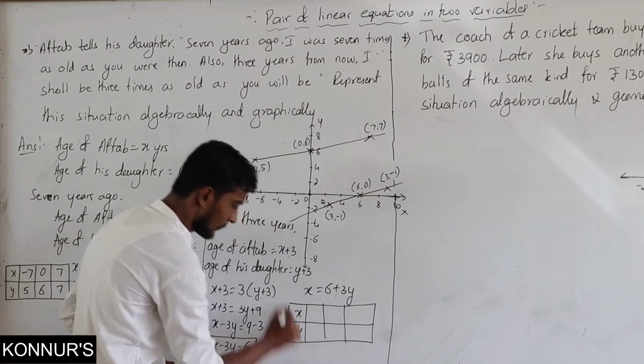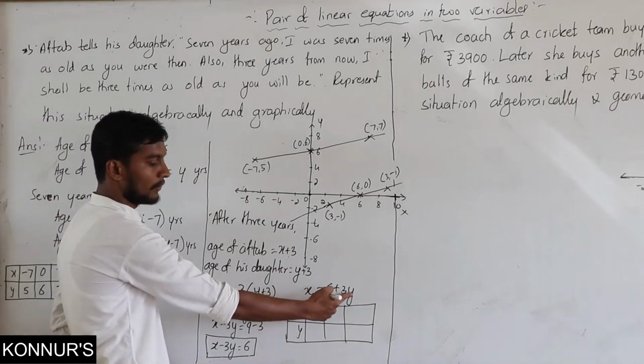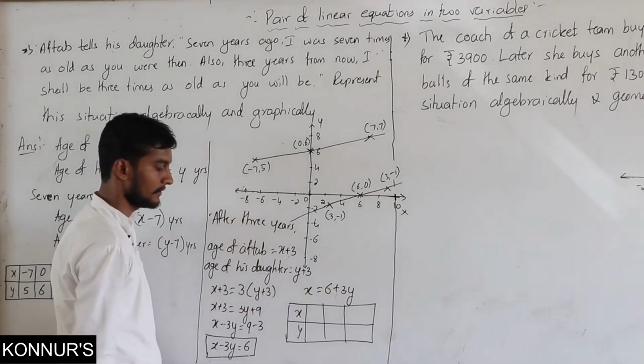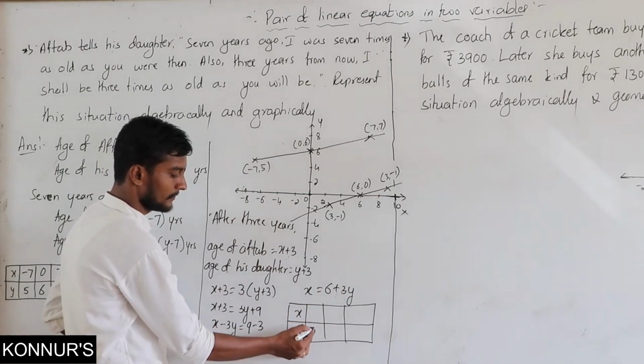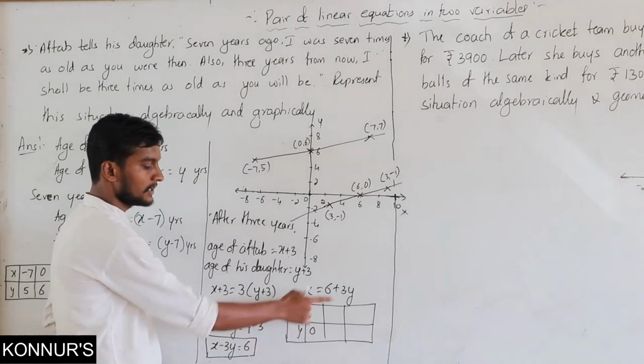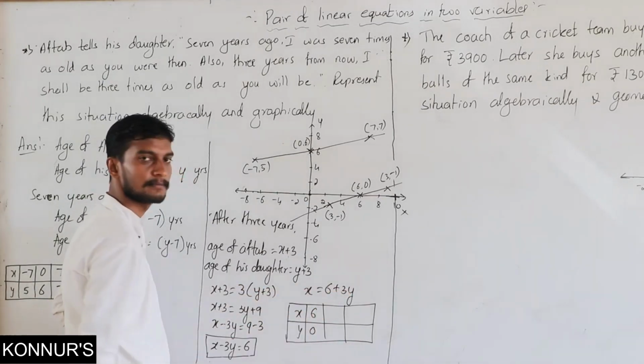So x and y. Here we again substitute the y values and get the x value. Suppose you substitute y is equal to 0. 3 into 0 is 0. 0 plus 6 is 6.